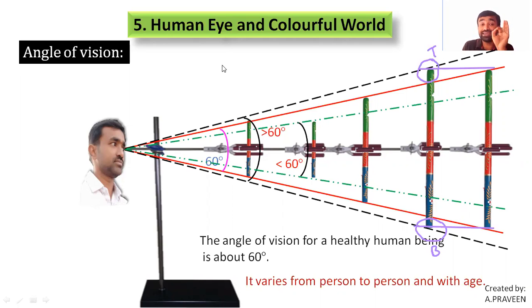At what angle you are able to see the whole object completely and clearly without changing the view, that angle is called the angle of vision. It varies from person to person and with age, not fixed, but on average the angle of vision for a healthy human eye is maximum 60 degrees, that we observed.